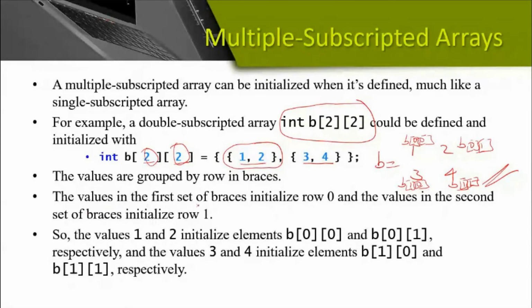The values in the first set of braces initialize row 0, and the values in the second set of braces initialize row 1. So the values 1 and 2 initialize the elements b00 and b01 respectively, and the values 3 and 4 initialize the elements b10 and b11 respectively, that we have already seen.